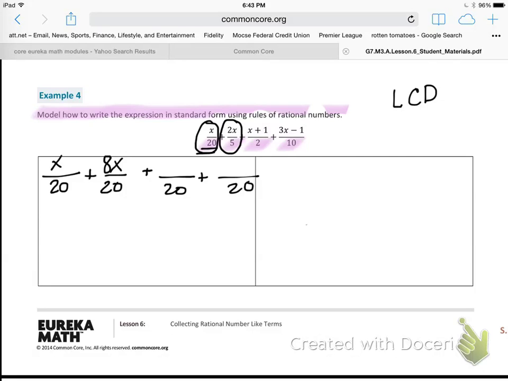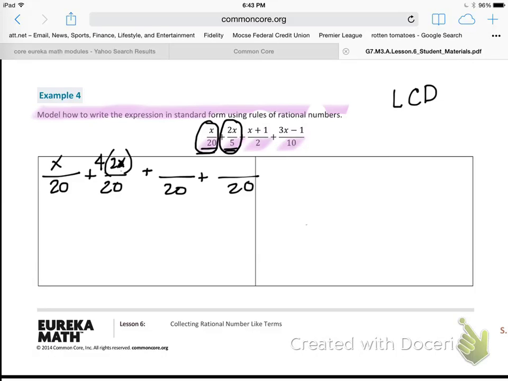Okay, and we could actually, if we wanted to, maybe if this makes it a little bit better, I can just show you that. Let's just take it one step at a time. Okay, because we can see that we need to multiply by 4, because it was fifths, and we have to multiply by 4 to get to the 20ths.